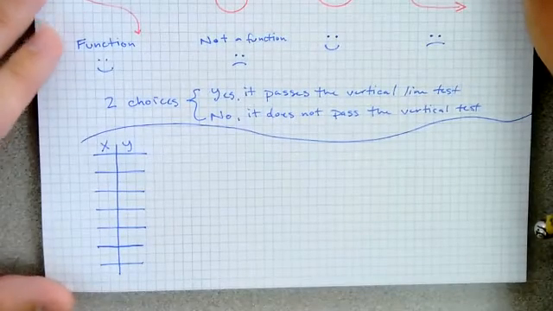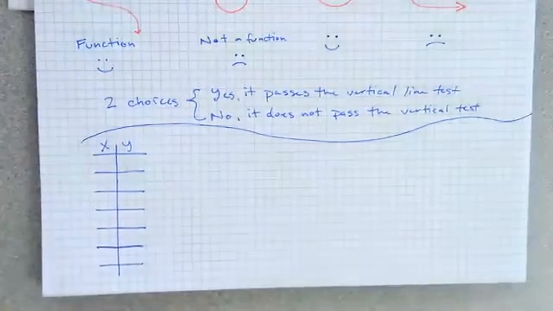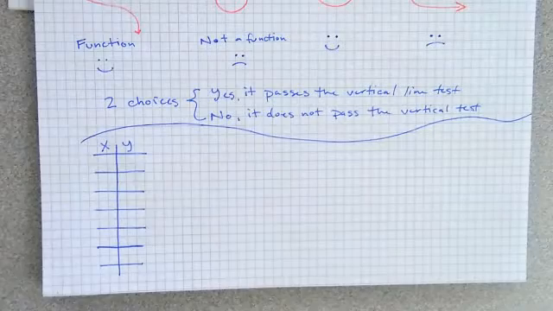Okay, the other thing you could be given is a table or maybe a set of points. We'll go through what that has to look like.